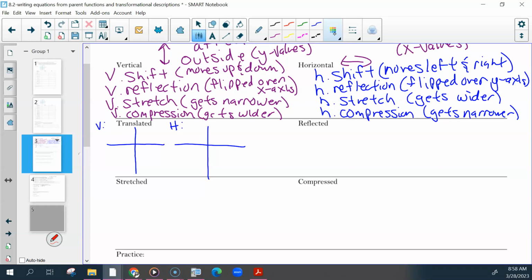So for the vertical translation or vertical shift, that would be it moving up or moving down. So I'm going to use our quadratic parent function. If it moved up from the original, it would no longer be at 0. If it moved down from the original, it would no longer be at 0. So I'm just going to draw two different things to show what each type would look like and show that it could either move up or it could move down.